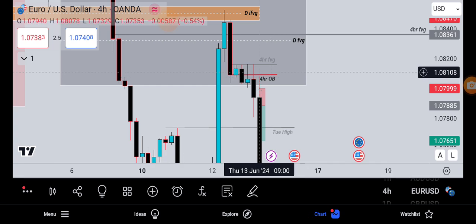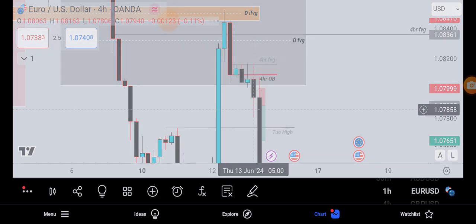So we have the 4-hour fair value gap as well as the 4-hour order block, which is this up close candle, being respected. After seeing this candle close below this candle, it added confidence that I'm expecting the next candle to rally lower.